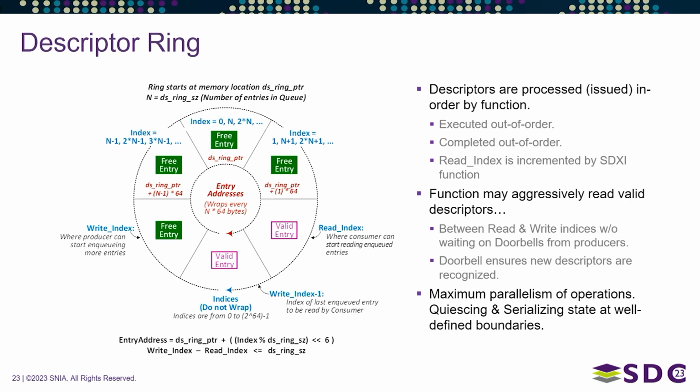The descriptors are processed in order. They can be executed or completed out of order. So there's a whole bunch of parallelism built in. The function is always allowed to read valid descriptors even without receiving a doorbell. So if you're constantly polling for descriptors, you don't have to wait for a doorbell to start working on the data, as long as the descriptor is valid.